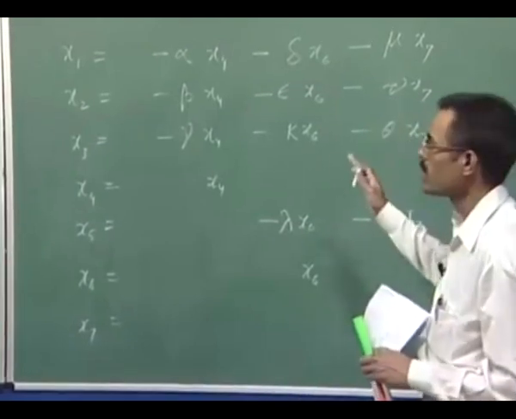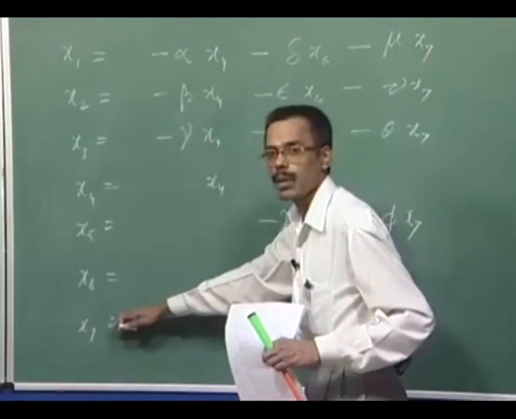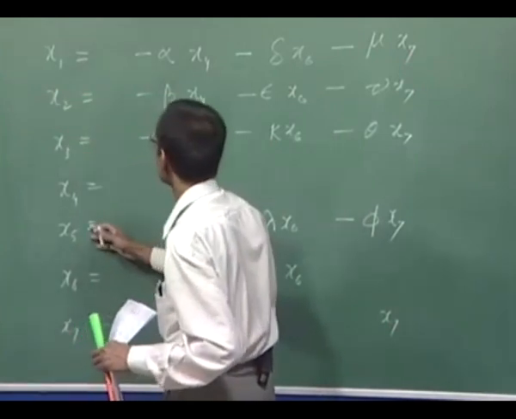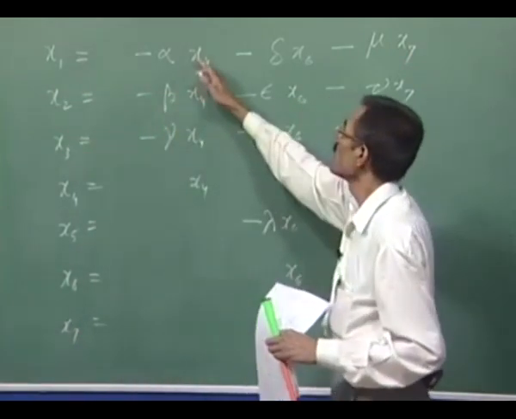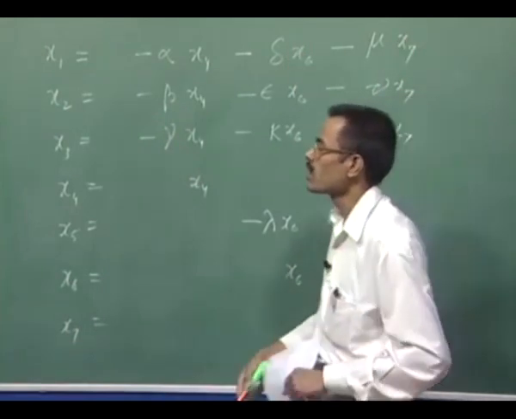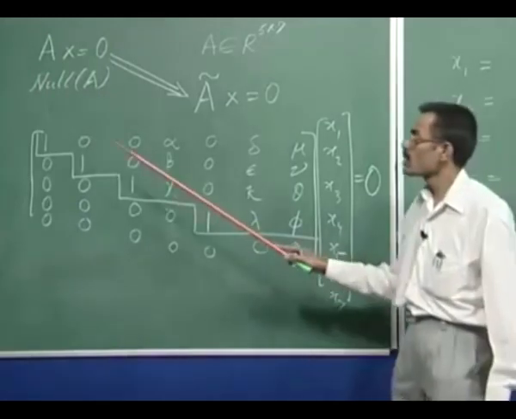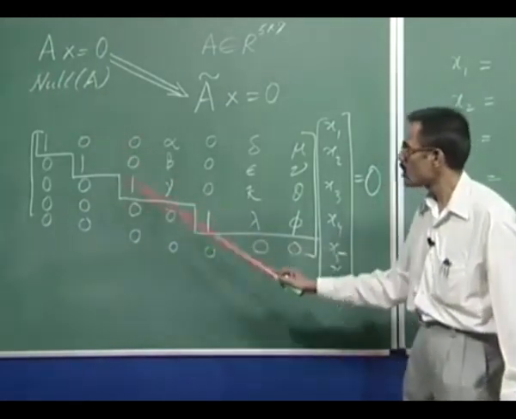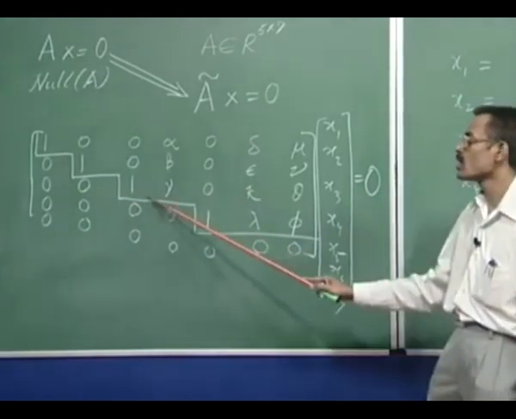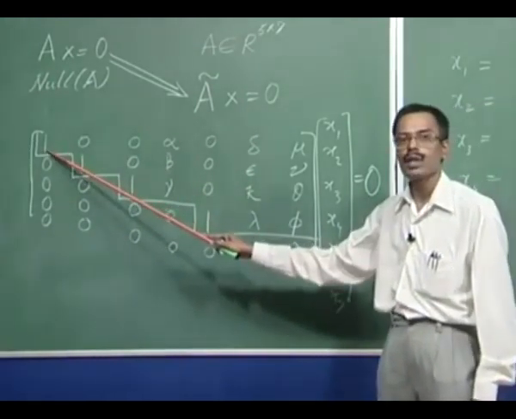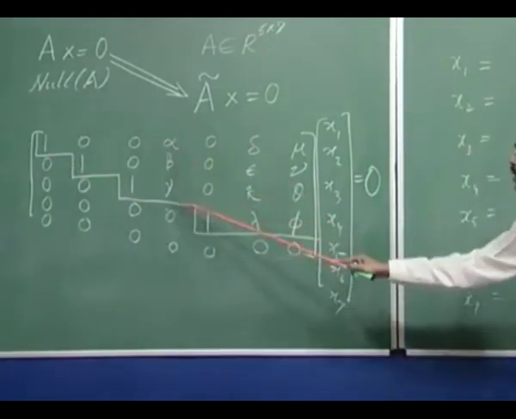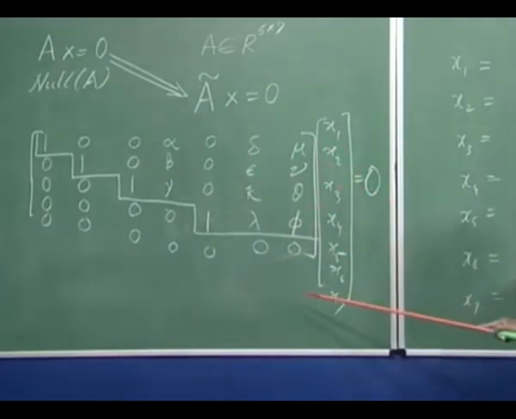What do you notice here? All the variables, in particular x1, x2, x3 and x5, have been expressed in terms of three variables x4, x6 and x7. That means that the variables x1, x2, x3 and x5, those with a leading one in the corresponding column, have been expressed in terms of those variables whose corresponding columns do not have a leading one.